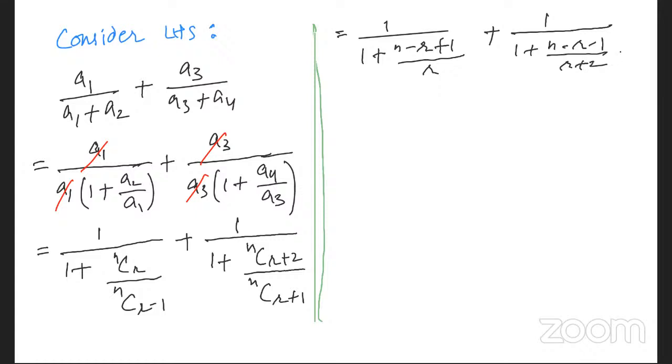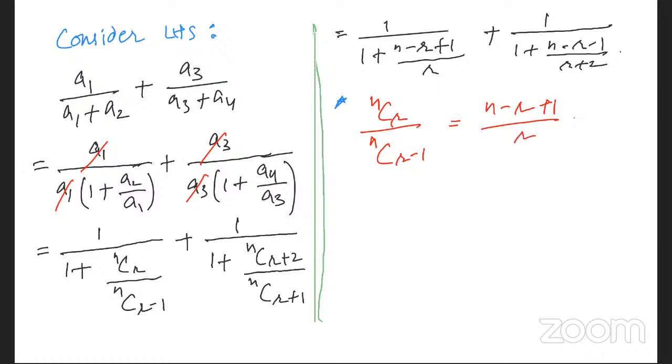So we have used the identity nCr/nC(r-1) = (n-r+1)/r.